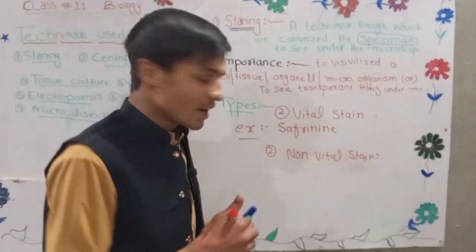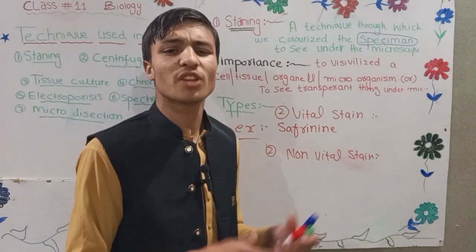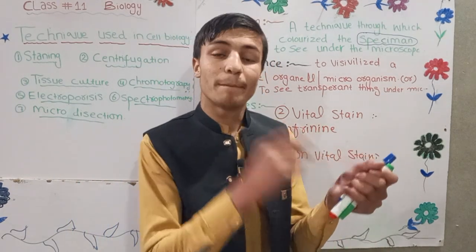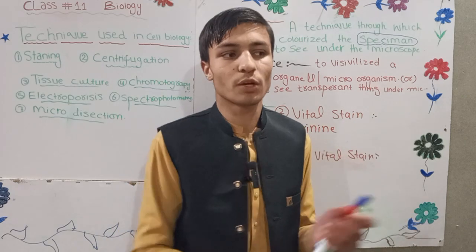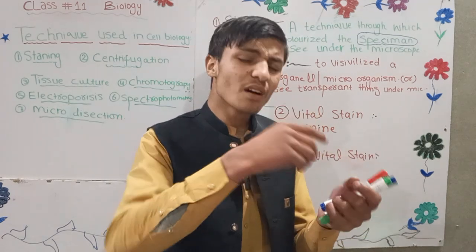Number two is non-vital stain, a type of stain which is used for non-living things. Mostly we use it in hospitals. For example, if a blood vessel is blocked due to platelets or different types of things, the doctor applies non-vital stain in our blood vessel and understands where the blockage occurs.